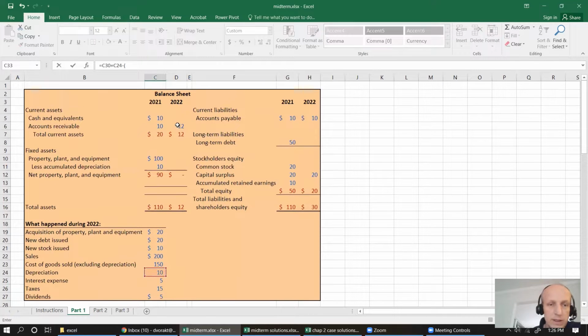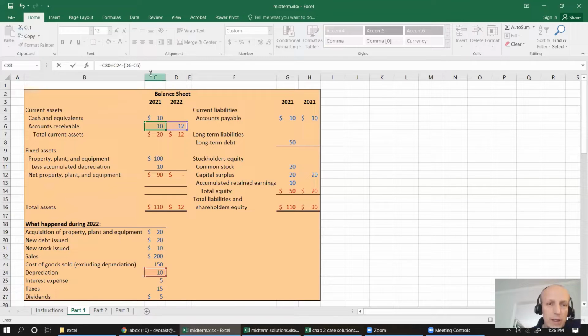The increase in accounts receivable is the end of period accounts receivable minus the beginning accounts receivable. So that's going to be $2, and so we used $2 worth of cash to finance the accounts receivable.